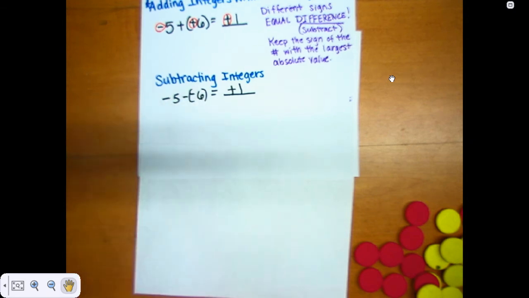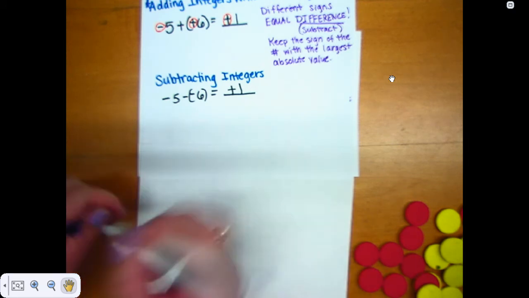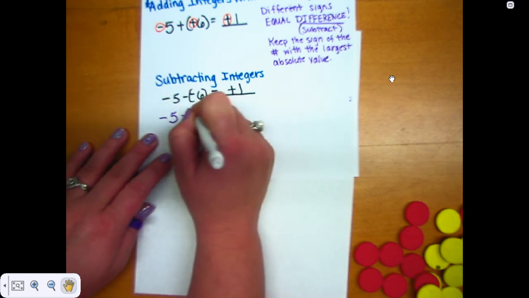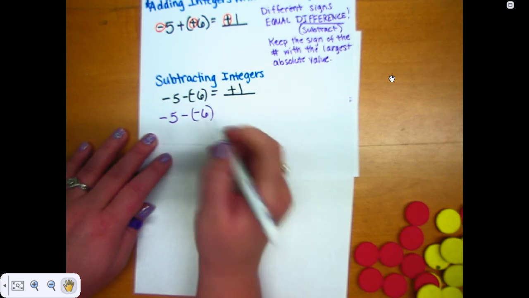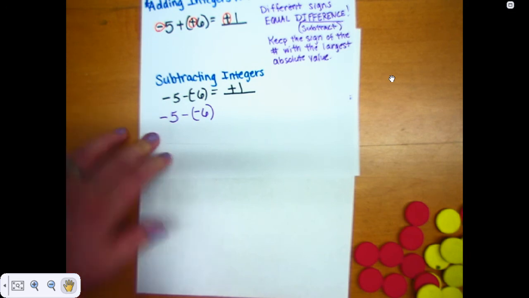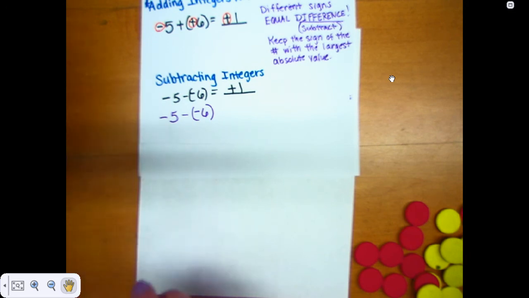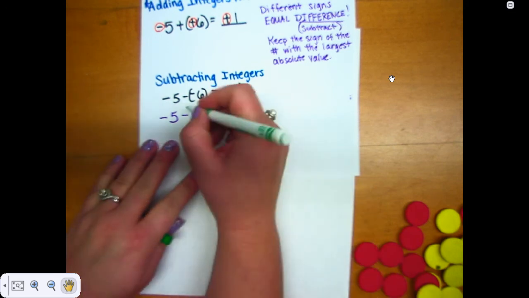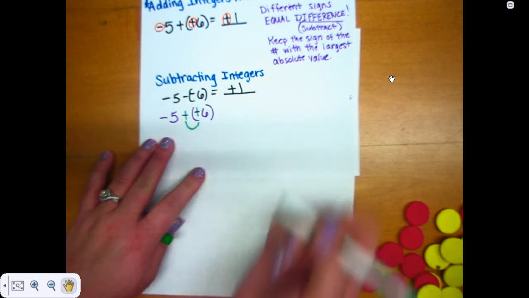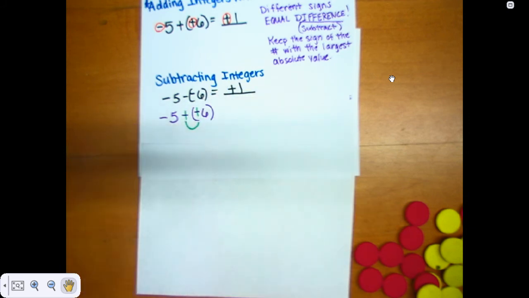So when you have a negative and a negative, they get happy together, right? I'm going to write it down here in a different color. When you have -5 minus -6, these two together are really happy together. They become positive.